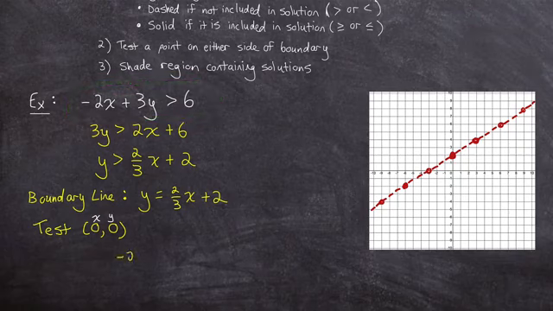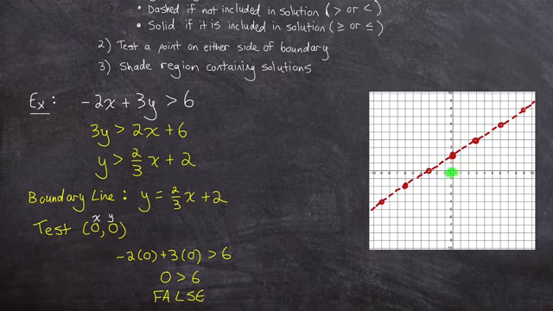That would give me negative 2 times 0 plus 3 times 0 is greater than 6, which states that 0 is greater than 6, which is false, which means this point 0, 0 is not part of the solution set for the original inequality, which means none of the points on this side of the boundary line satisfy the original inequality, which by default then means all of the points on this side of the boundary line do satisfy the inequality.